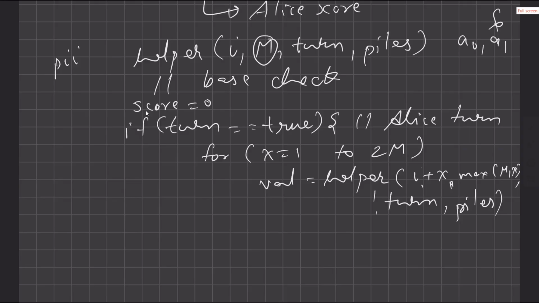Once we have chosen the first value and called the helper function, which means the recursive function, in the score we are adding piles of i, whatever value we have, up to i plus x minus 1.